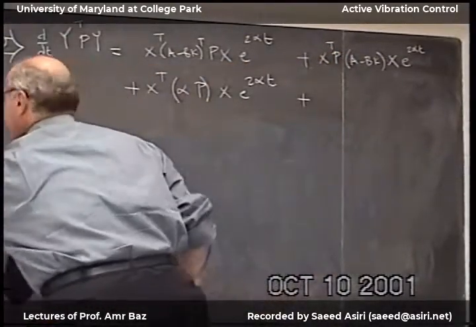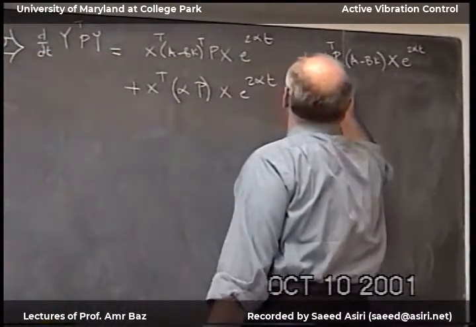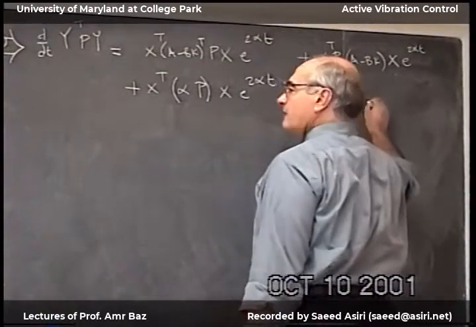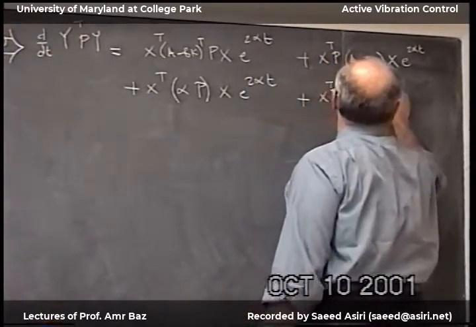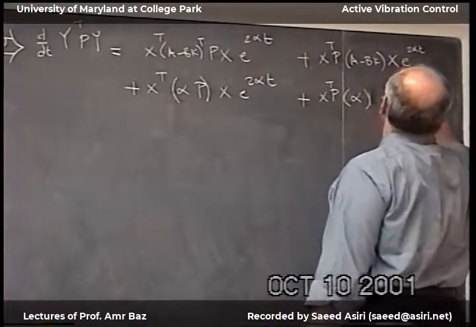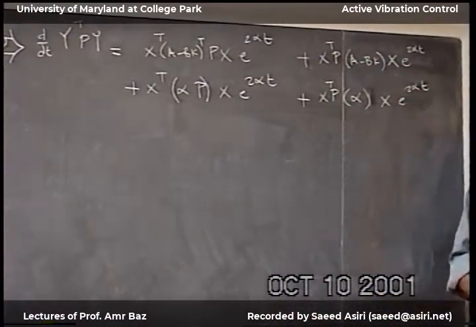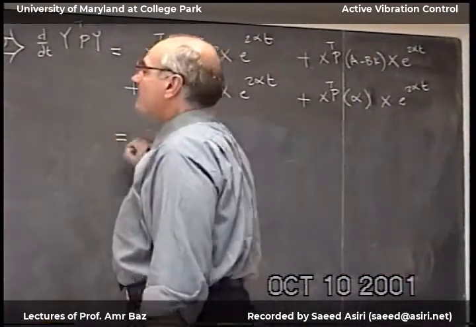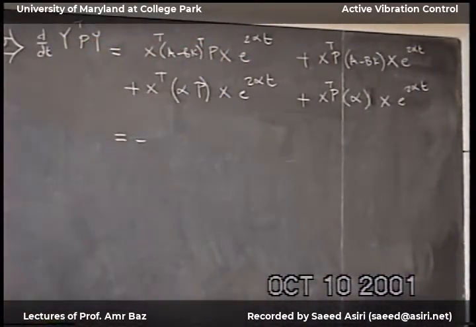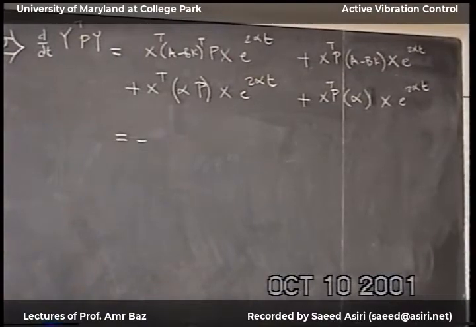We have x transpose p, then alpha times x e to the 2 alpha t. And now this whole thing should equal to minus, we made a mistake here also again, y transpose and y.